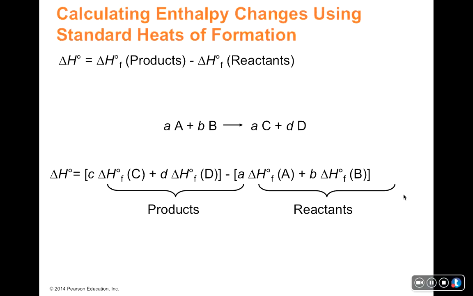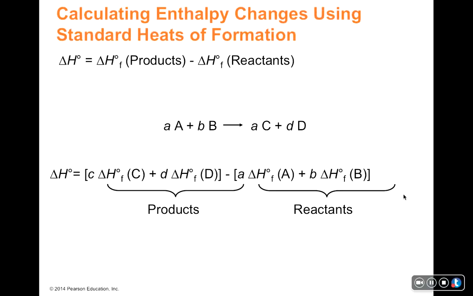In the larger equation at the bottom, I'll do the product parentheses first. The products are listed first here because it's products minus reactants. So the products would be the number of moles of product C multiplied by the heat of formation for C, plus the number of moles of product D multiplied by the heat of formation for product D. That's all inside that bracket.